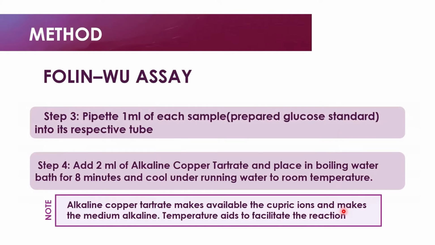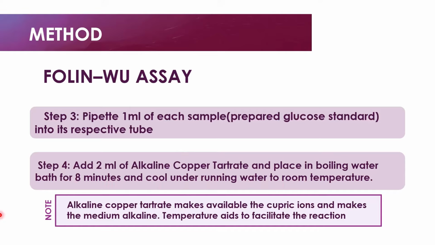After preparing our glucose standard, we now pipette 1 ml of each prepared glucose standard into its respective tube. After that, we add 2 ml of alkaline copper tartrate and place in a boiling water bath for 8 minutes and cool under running water to room temperature.